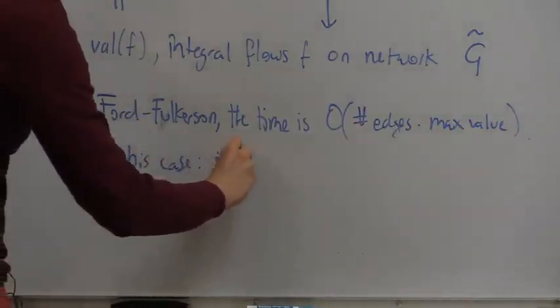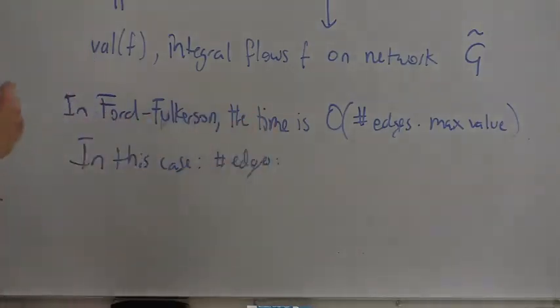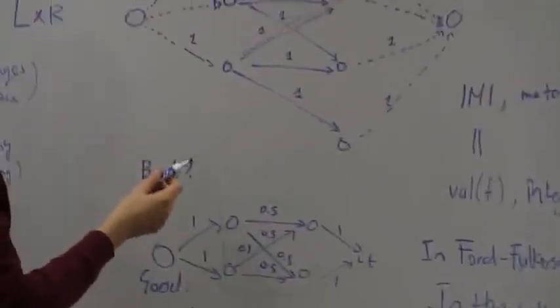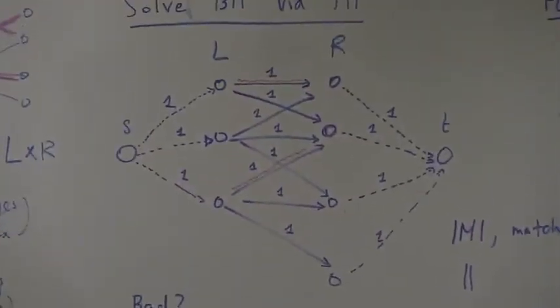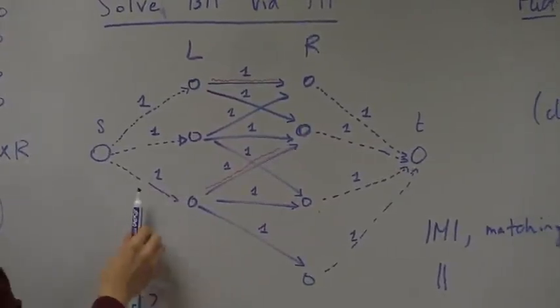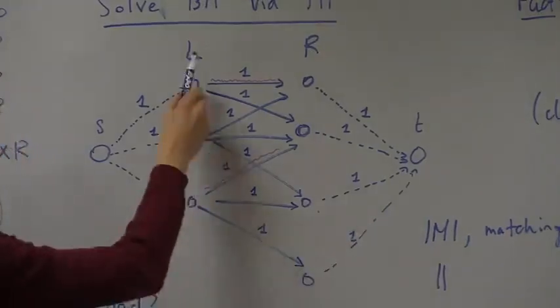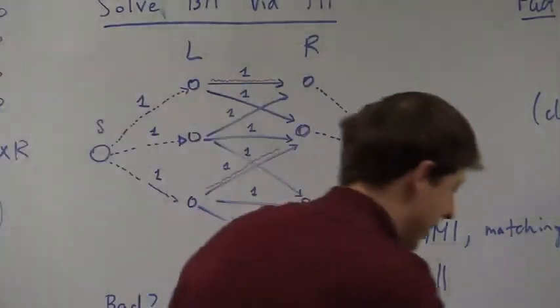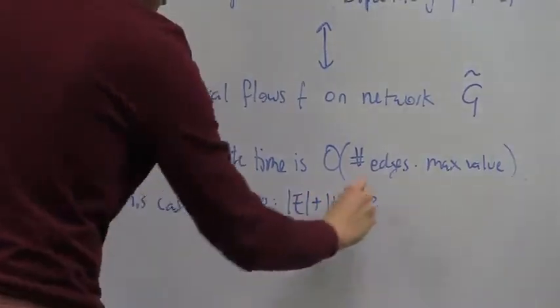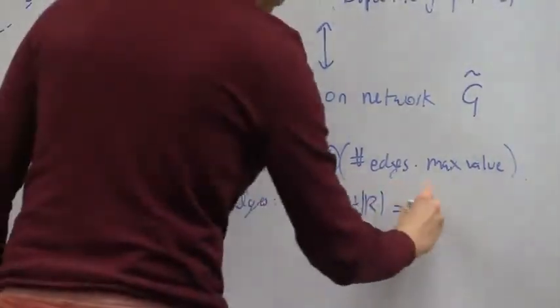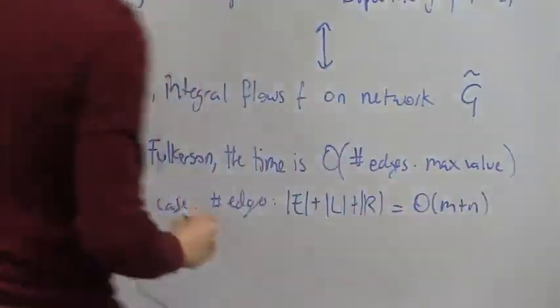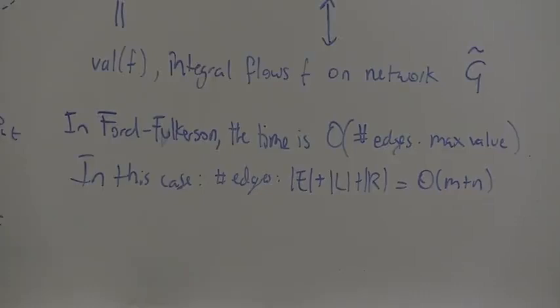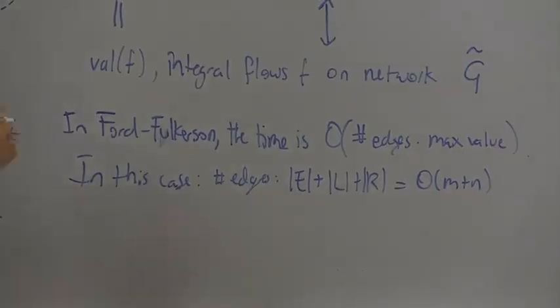the number of edges in the network is whatever we had before, which was E, right? Size of E, let's call it M, plus we added edges here and added edges here, okay? So it's like L plus R, right? So in our case, number of edges is E plus L plus R, which you can think about as order of M plus N, where M is the number of edges in the bipartite graph and N is the number of total vertices.